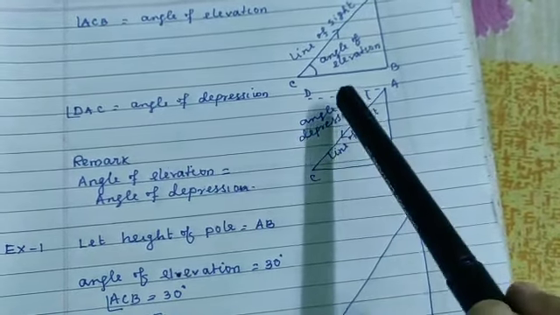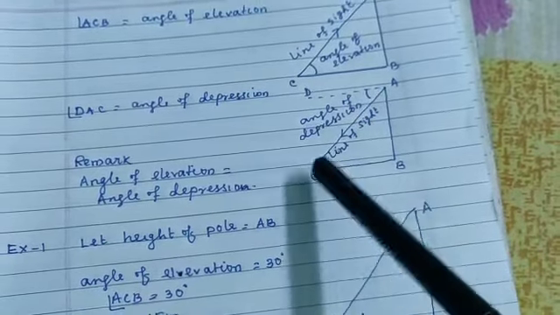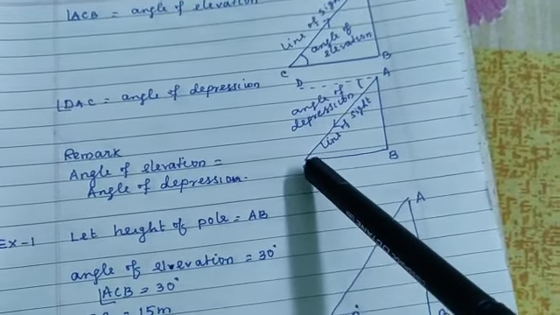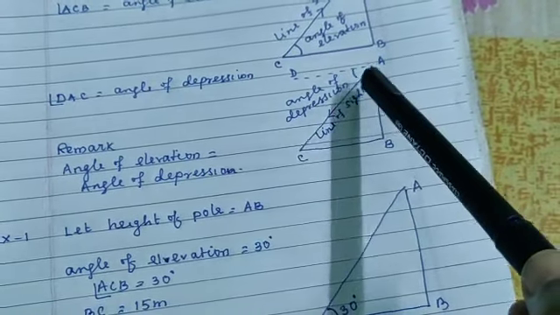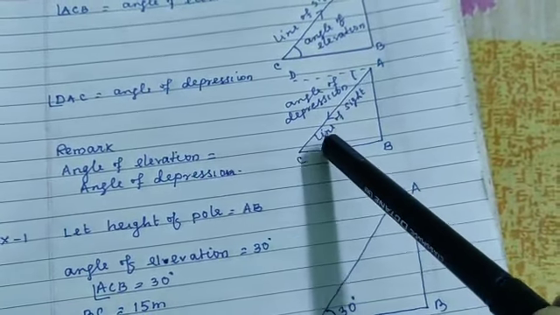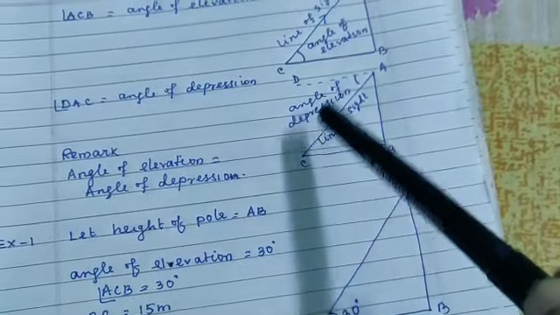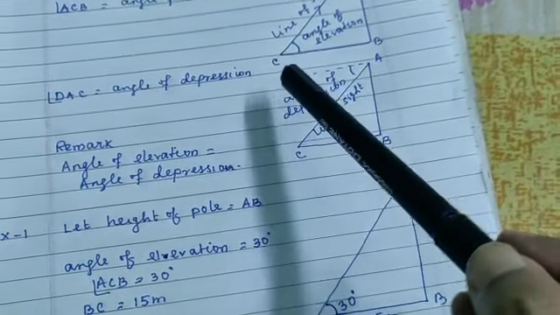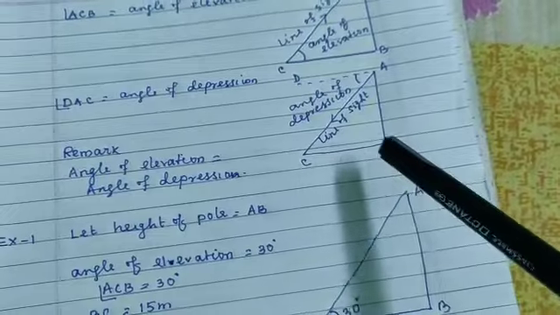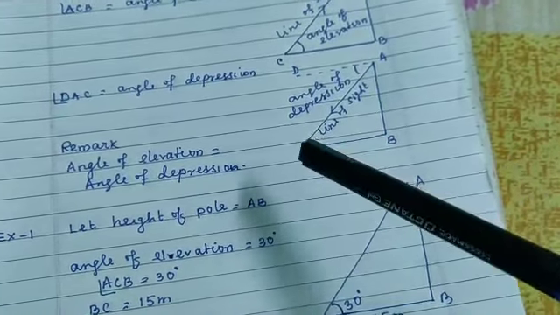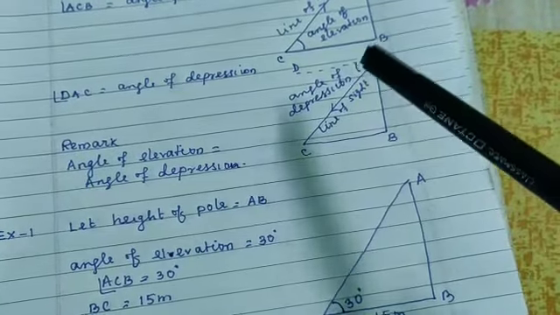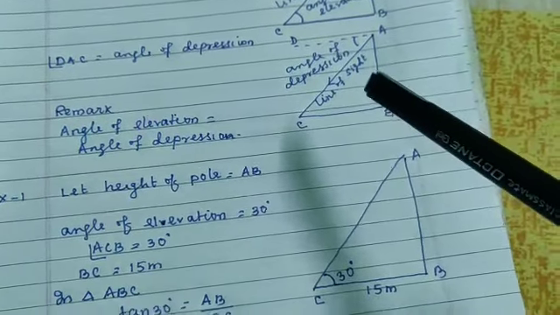So the angle formed, DAC, is the angle of depression. The angle of depression and the angle of elevation are both equal, because AD and BC are parallel lines and AC is a transversal line. Therefore they become alternate angles.